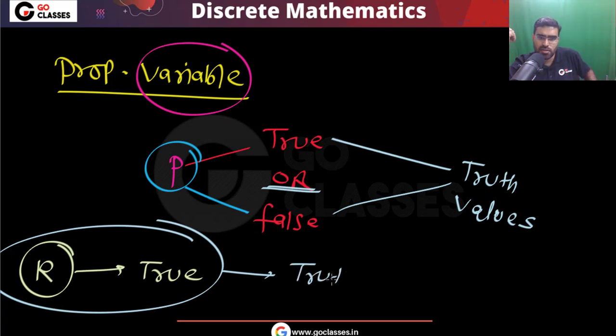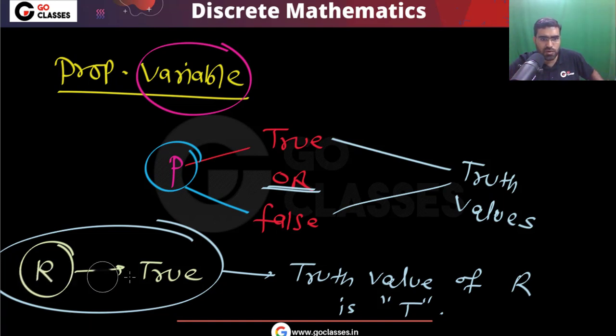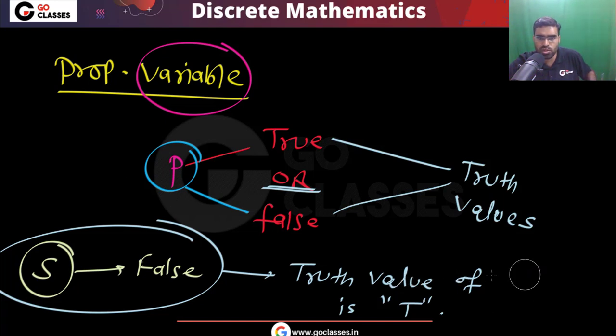Then you will say that the truth value of R is T. Similarly, if there is a variable S and that is false, then you will say that the truth value of S is F. So the truth value of S is false.